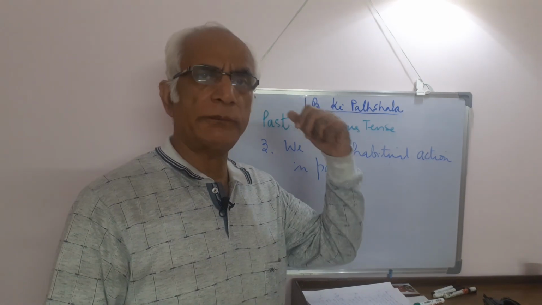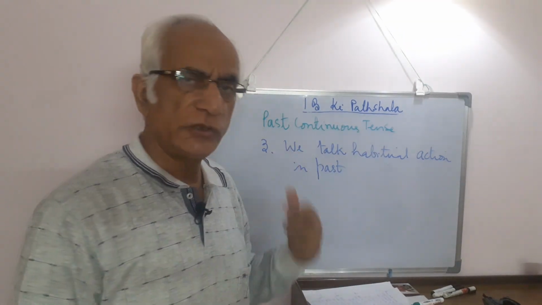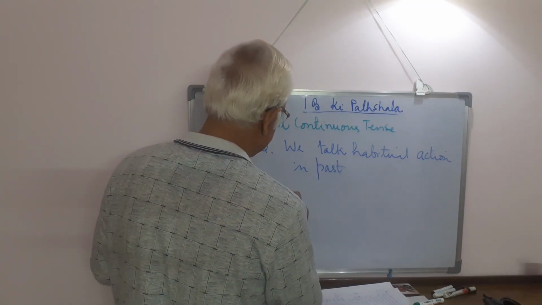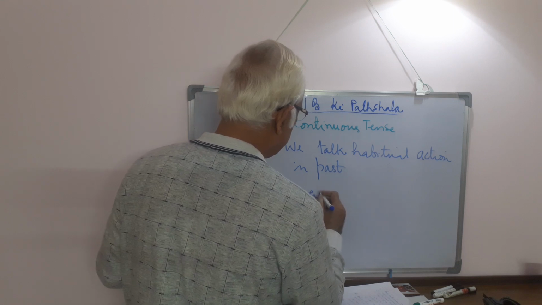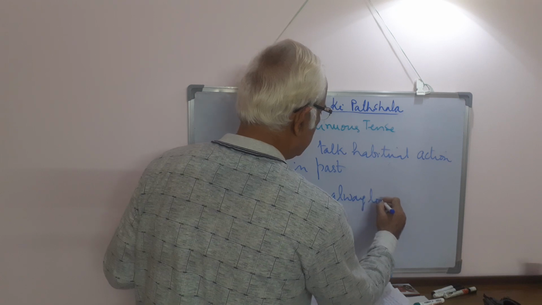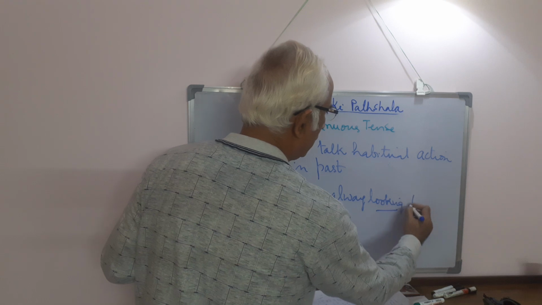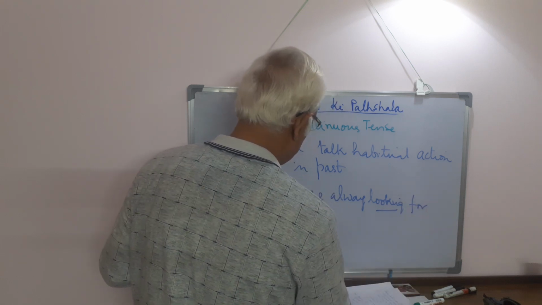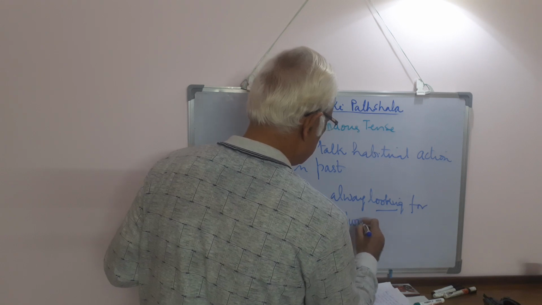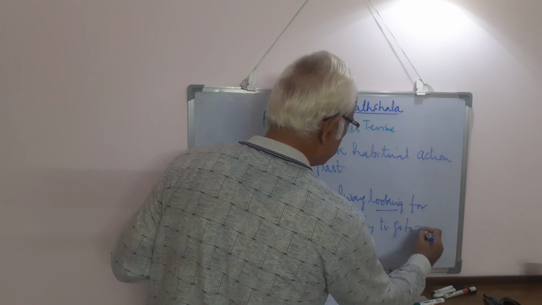But when we're talking of something which happened in the past, it is not happening now. That habit was there in the past. So we use past continuous tense. For example, we were always looking for an opportunity to go to movies.